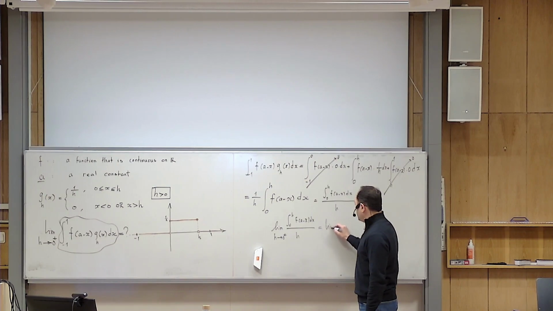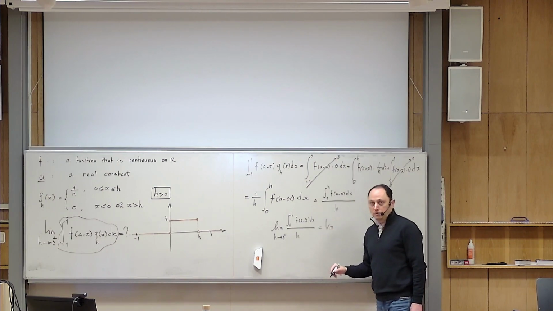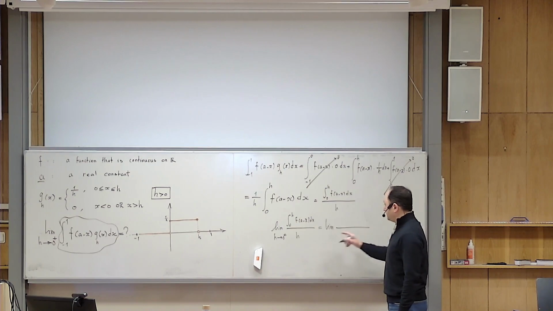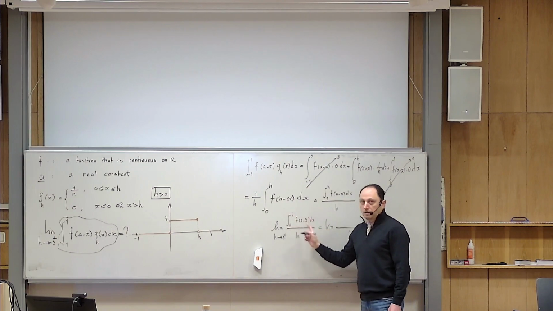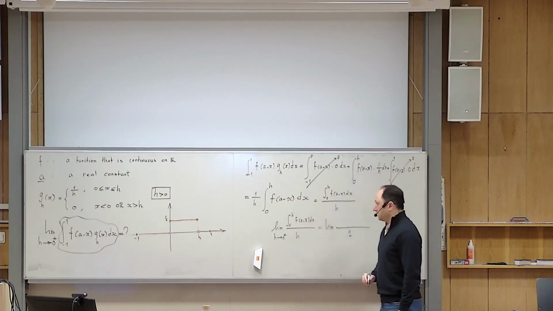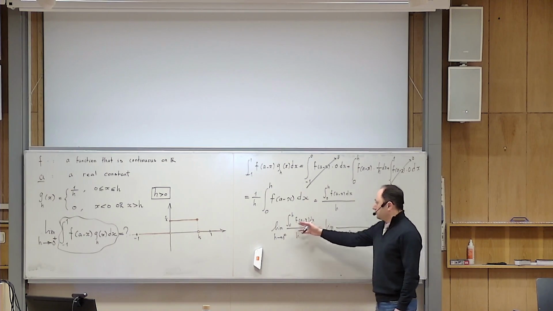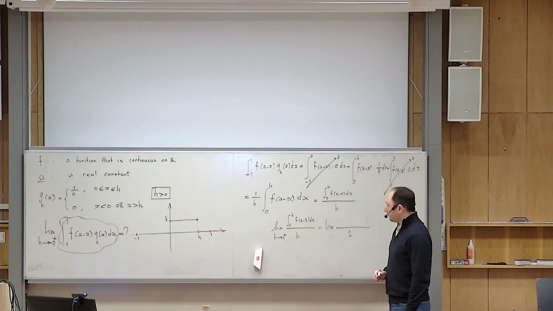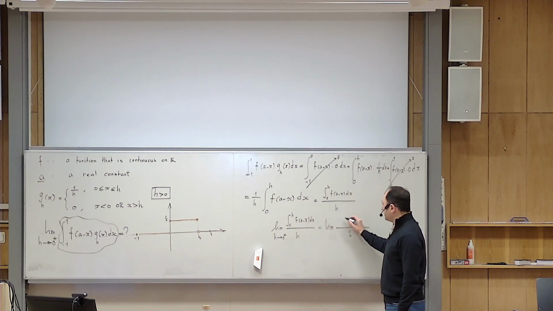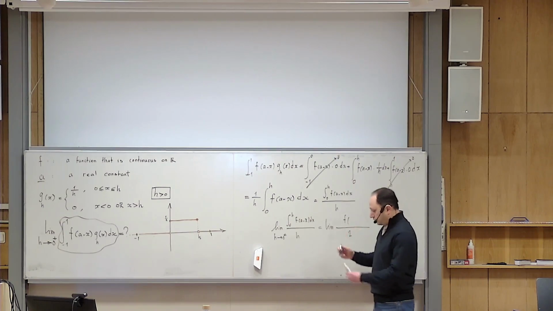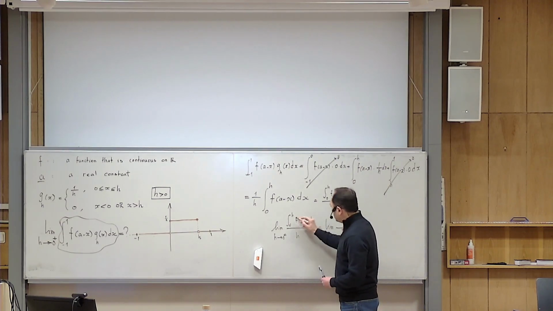So I differentiate the numerator and the denominator separately. The derivative of the denominator with respect to the variable h itself is just 1. But then I use the fundamental theorem of calculus to differentiate this. So if you want to differentiate that, you can assume that this function, I can call it s of x.